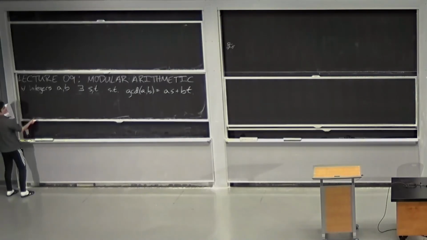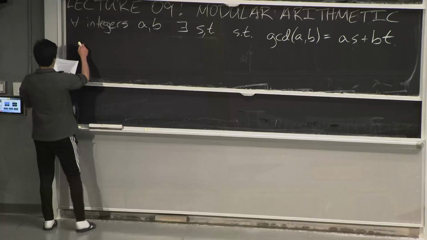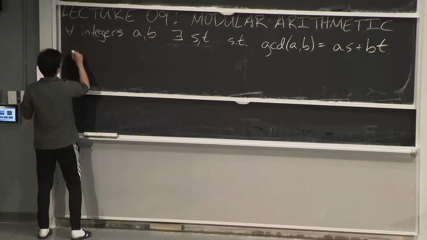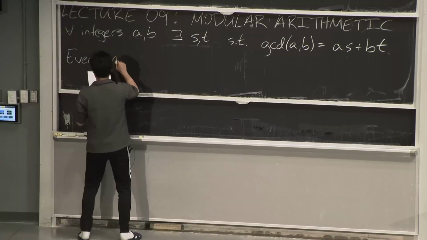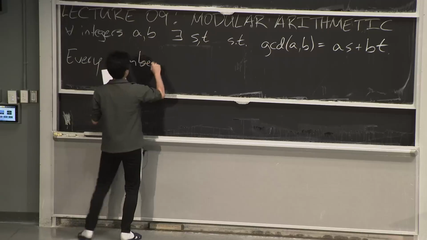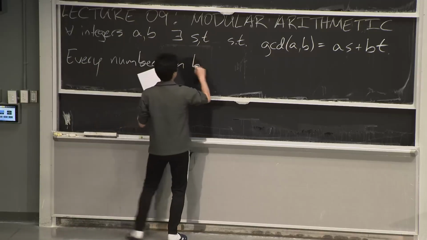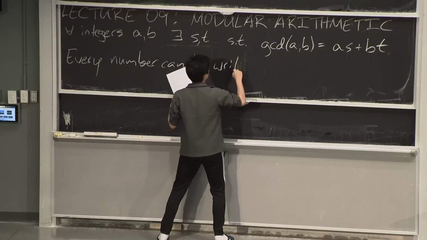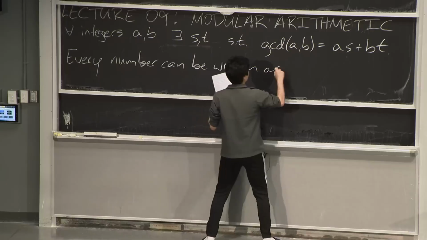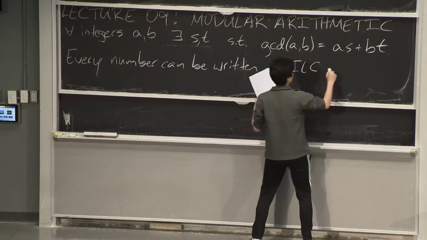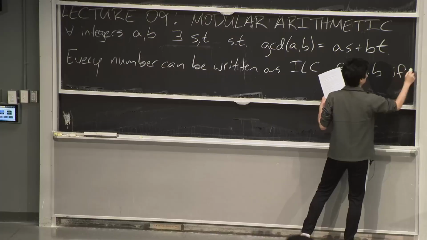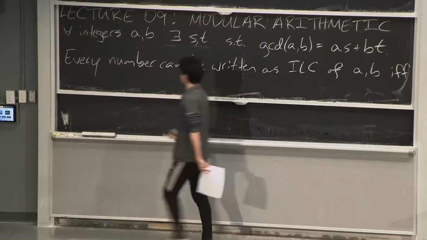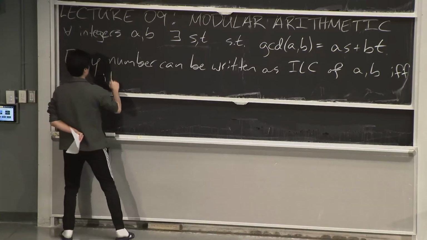Then the other useful fact that we're going to make use of today: every number can be written as an integer linear combination of a and b if and only if it is divisible by their GCD.